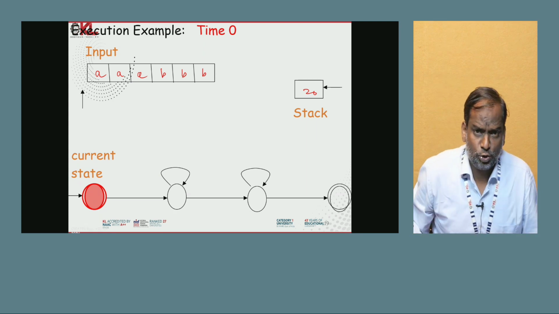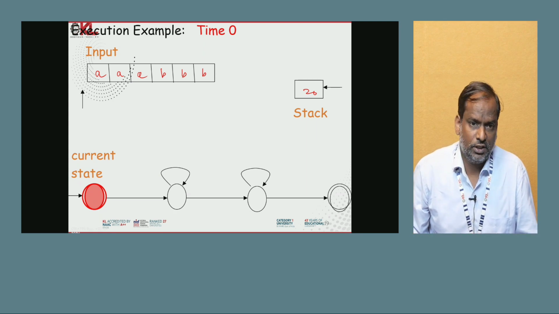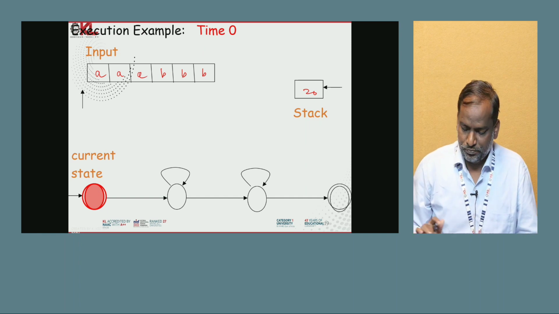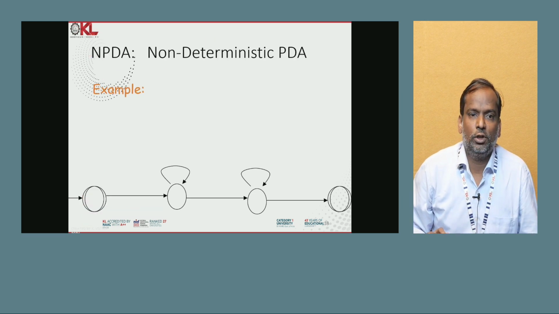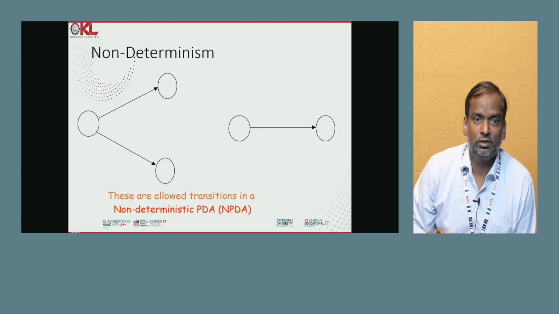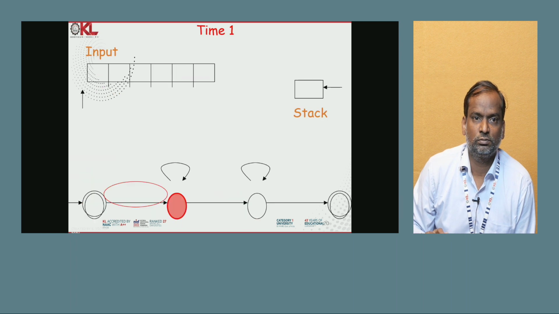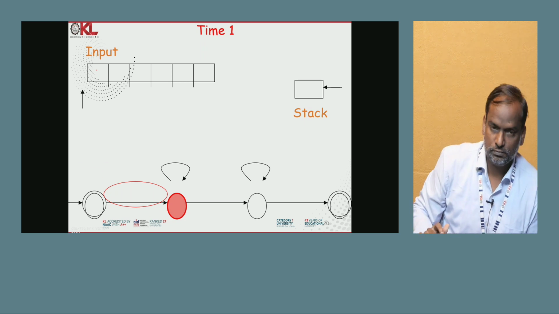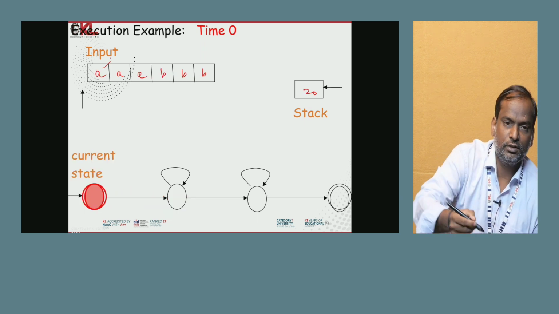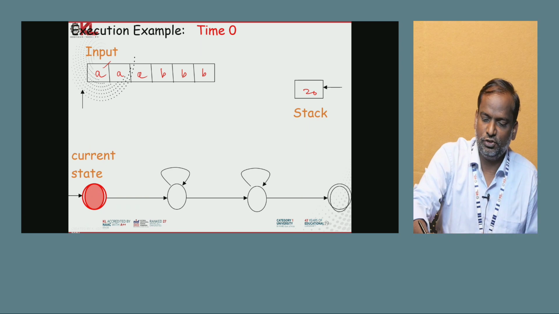The Pushdown Automaton at time 0 is in the initial state. It means 3 A's followed by 3 B's, and at the beginning the stack has the stack alphabet Z0. At time 1, it reads input A, and the top of the stack is Z0.